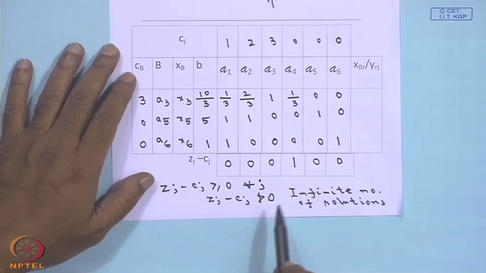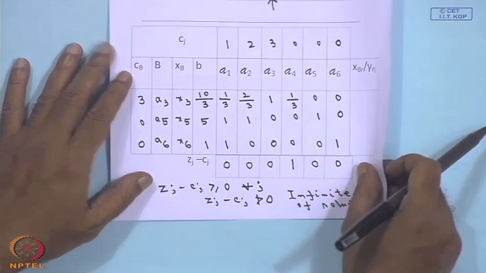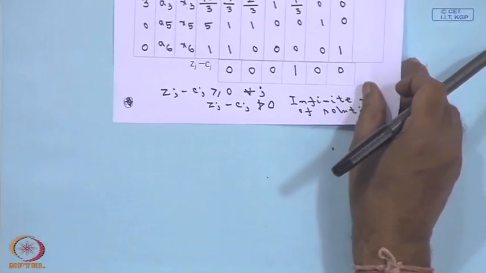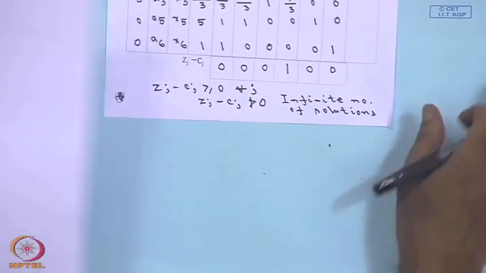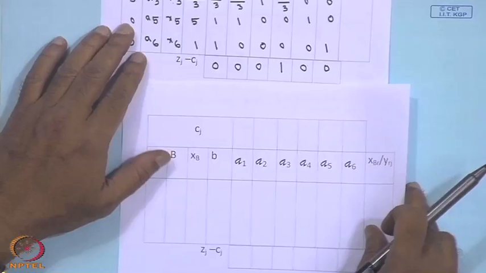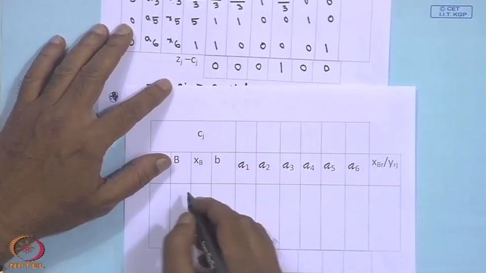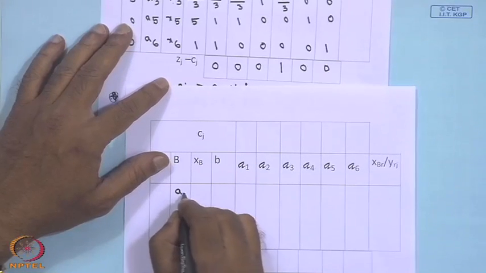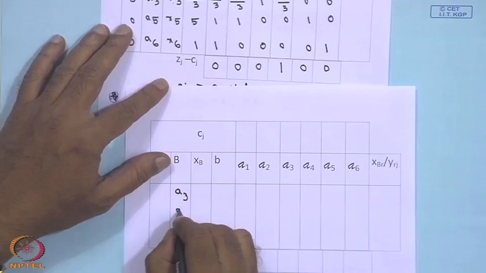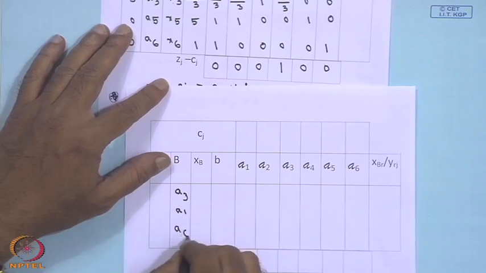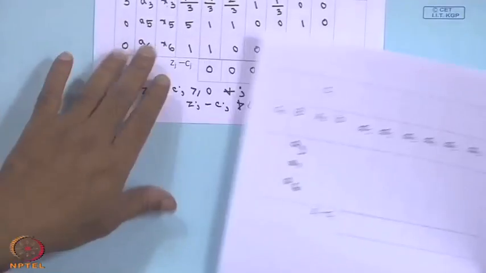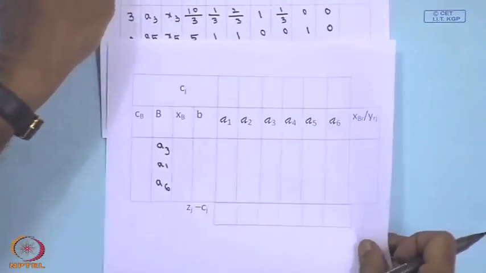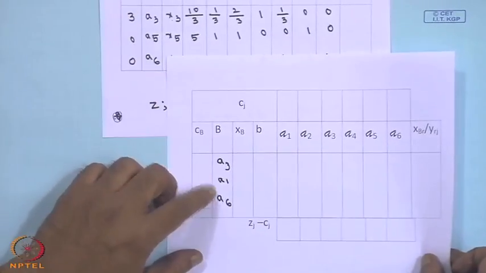For this reason, from this table we can form another table by incorporating A1 first as the entering vector. That means now you will have A3, A1 and A6. If you see from here, this is your table, where A3, A1 and A6 are coming.